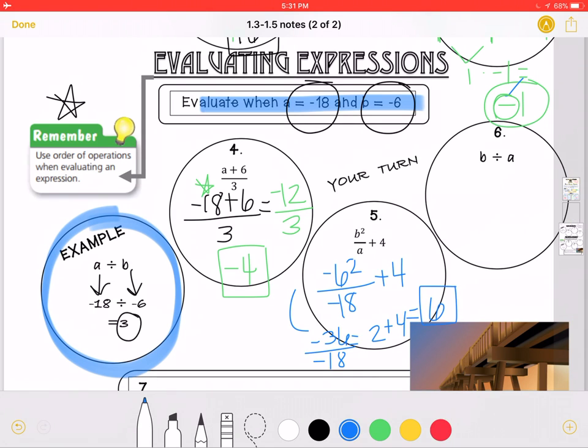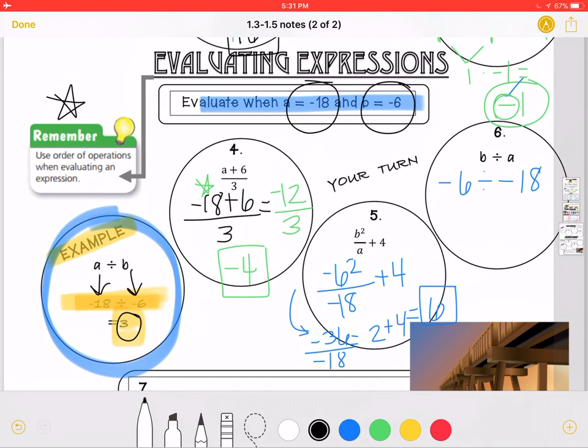Remember, pause as you need to if I'm moving too quickly, and get this all written down. And our last one here, we're plugging in a negative 6 divided by a negative 18. Now be careful. It's not 18 divided by 6 like in our first example here. We flipped them, so you should not be getting a 3 as your answer.